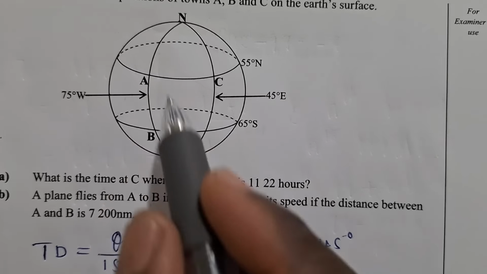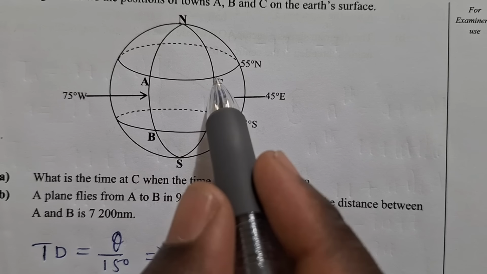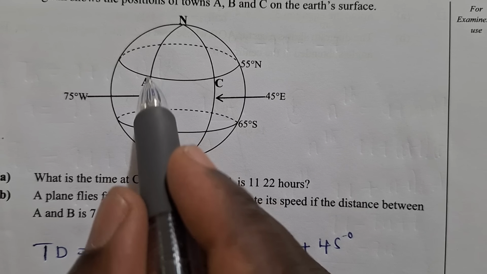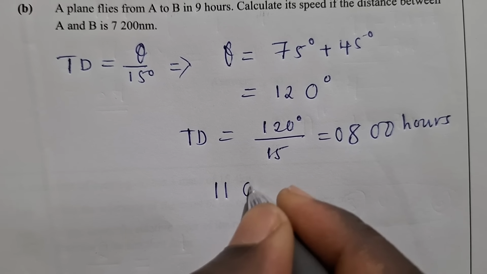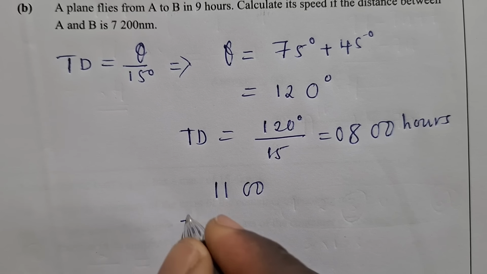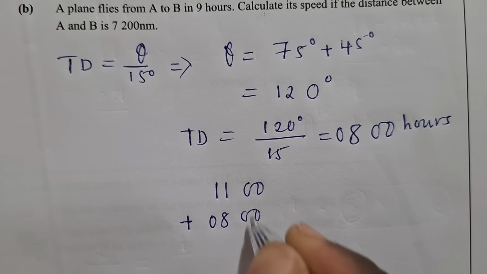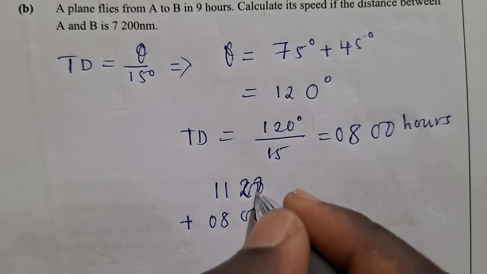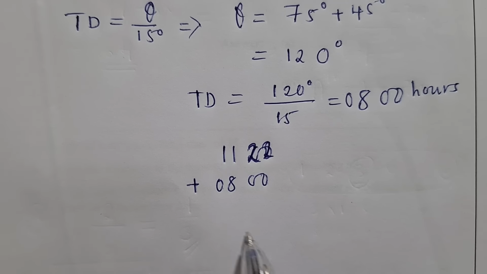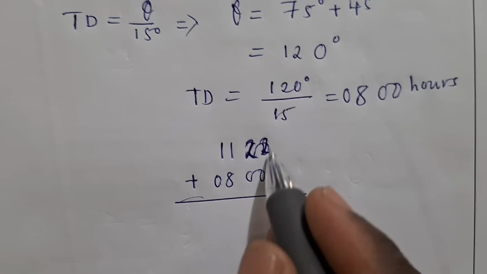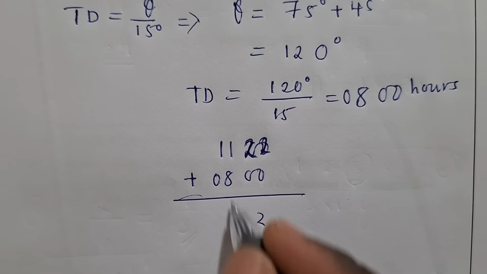So here they said the time is 11:22. So what will be the time here? We are moving from left to right. So we shall add 11:22 plus 08 hours. So this is a 2, 2.